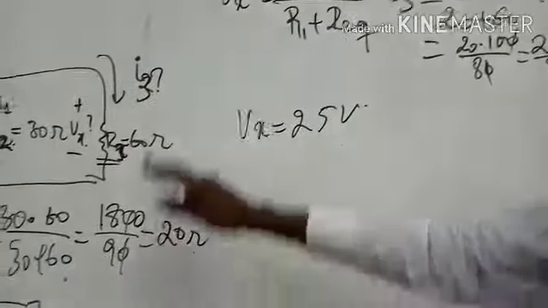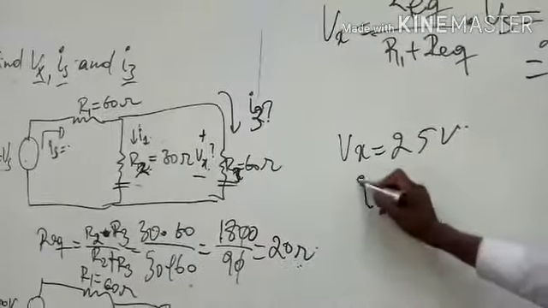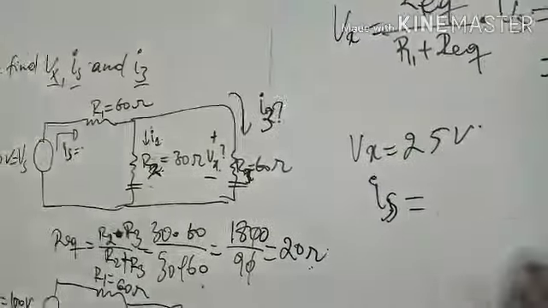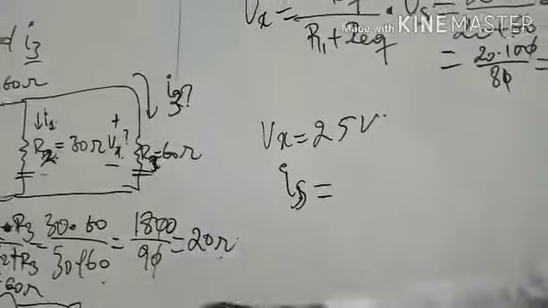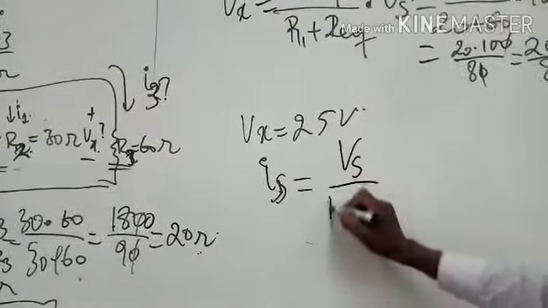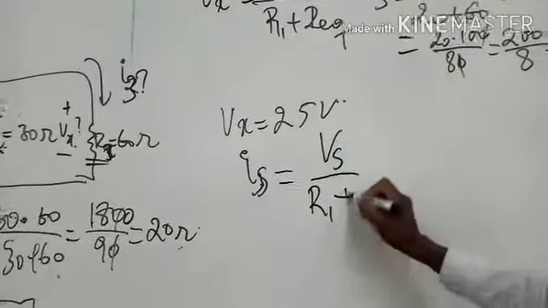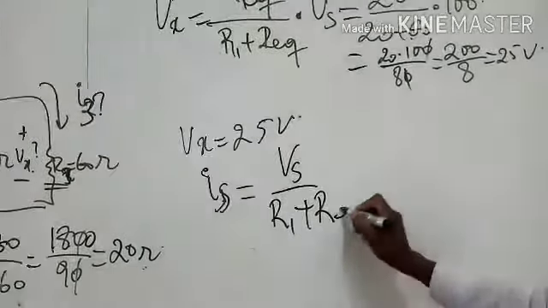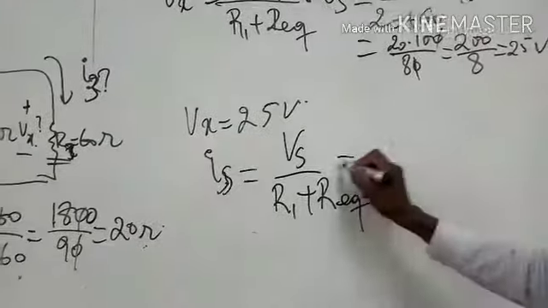Then we are asked to find the Is. Is will be equal to the voltage source over resistance 1 plus R equivalent. Then how will it be equal?